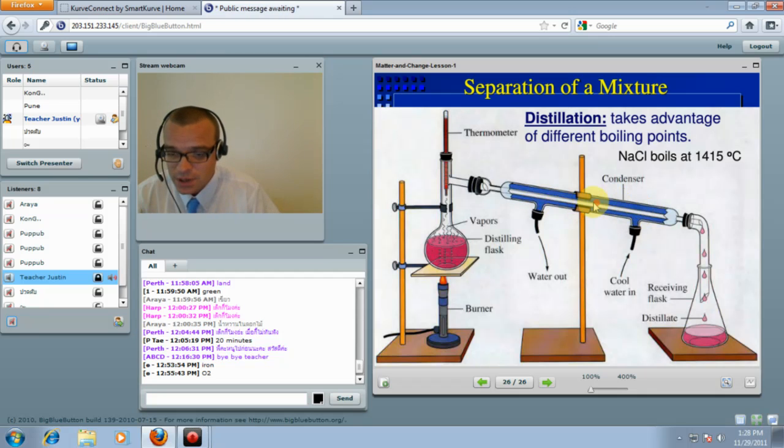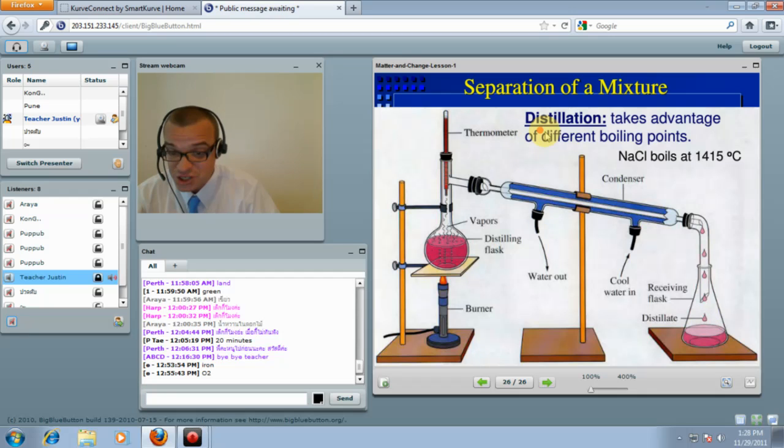As we used the example earlier about water vapor in the sky, it's exactly the same concept. The liquid begins to cool until it condenses. It becomes a liquid again. And it ends up dripping down as a liquid again into the flask.